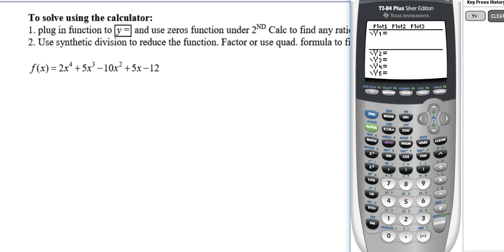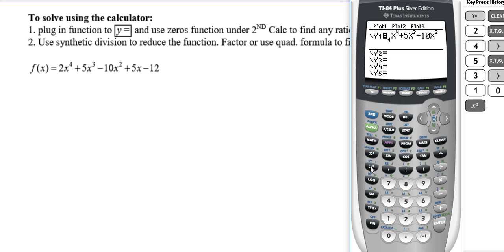Type it into the calculator under y equals, right? y equals 2x to the 4th power plus 5x raised to the 3rd power minus 10x squared plus 5x minus 12.